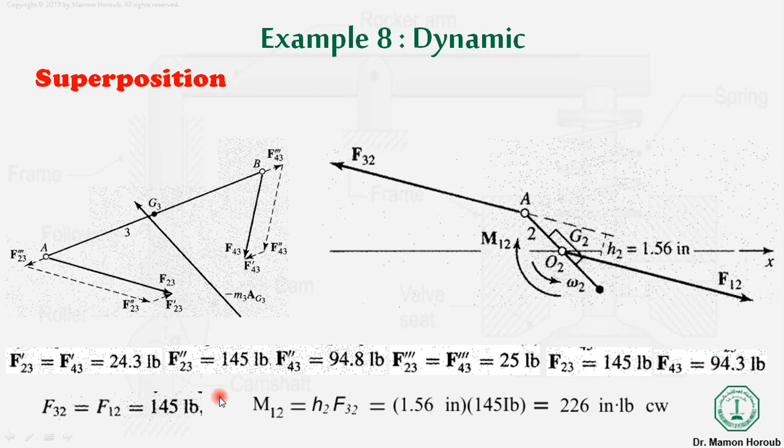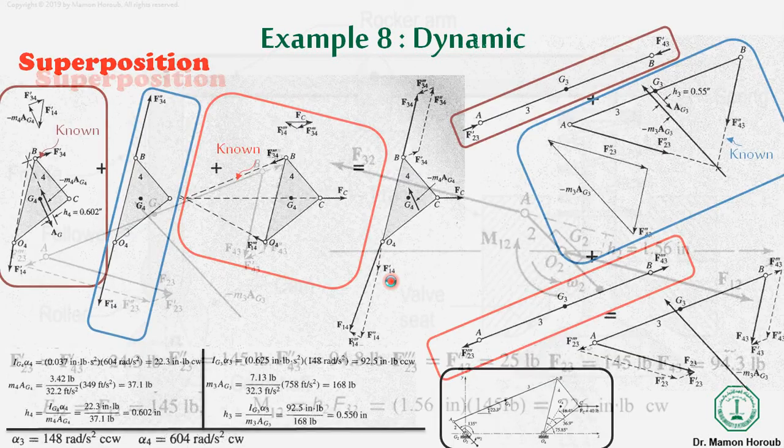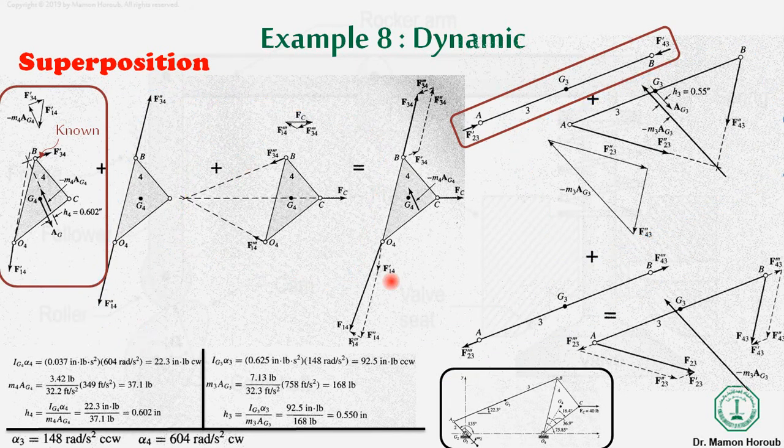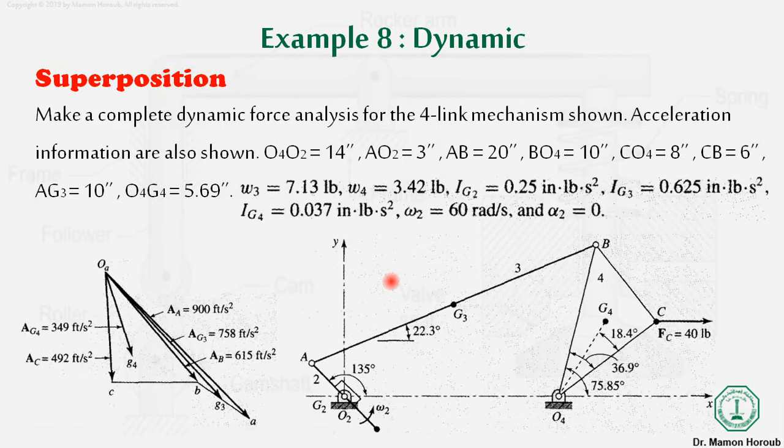Now the final thing is, if you can see from the problem, from the first slide, there should be a moment over here. As this body is rotating at a certain omega, it means some moment is applied over here, or this force is applied, so a moment will be created.